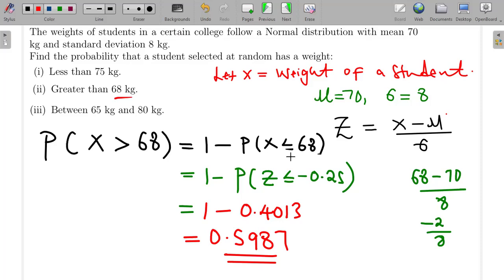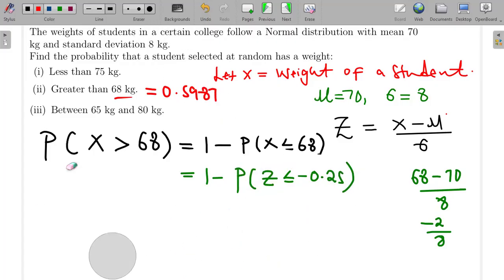But what do you do in case you don't have the negative z-score table? The answer here, let's write it here, it's this one. Then we compare it if we change this to a positive z-score. If you want to change this to a positive z-score, you use what we call symmetry.